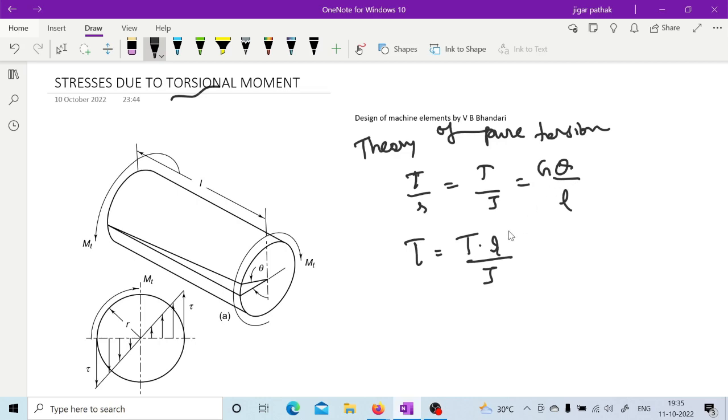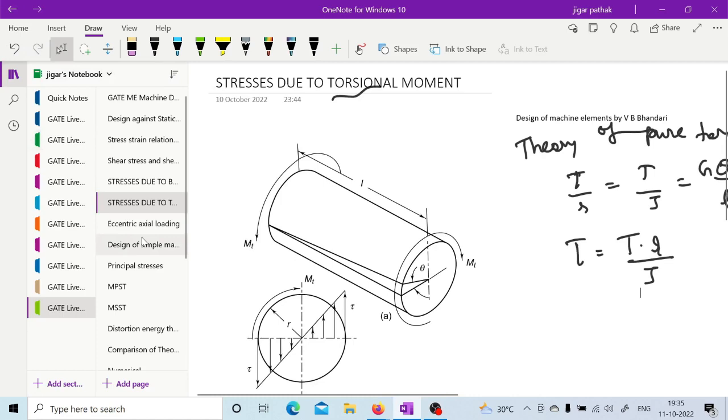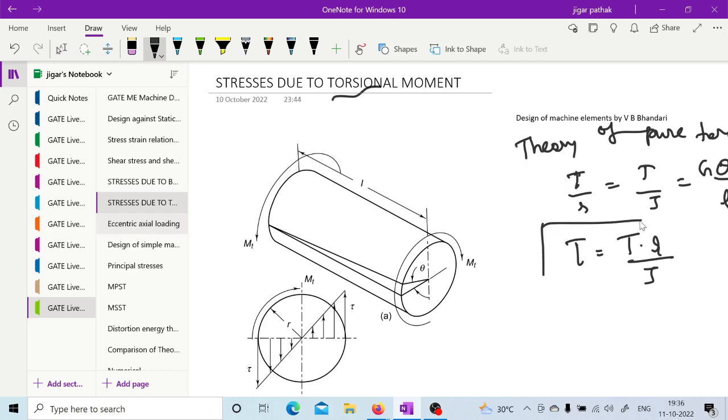After putting in the values of the polar moment of inertia for different cross sections, you can calculate theta for different cross sections. So this is again one type of stress which can be present in your machine element, the stress due to torsional moment.